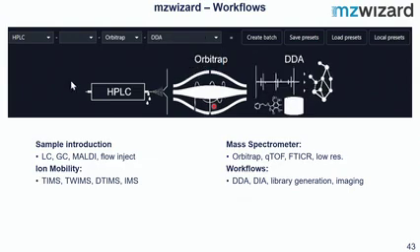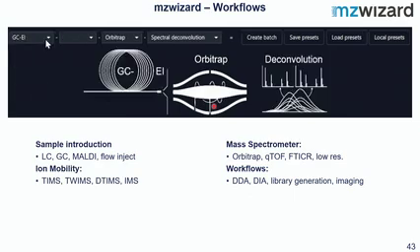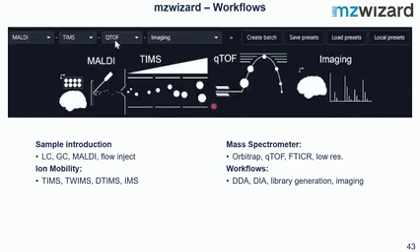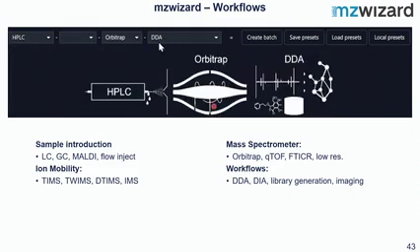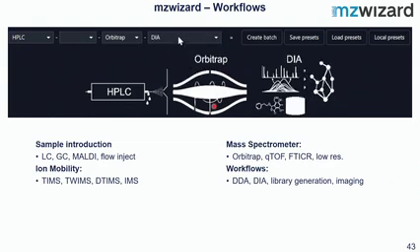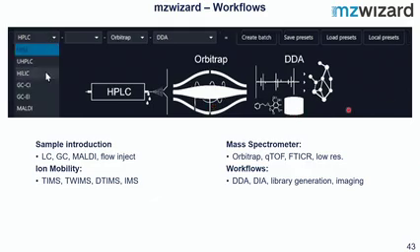I did data-dependent acquisition. I did data-independent acquisition, and so on and so on. And it will basically just give you a predefined workflow, which you can, if you want, adapt and really specialize and customize to what you need. But it's also really easy to get some first results just from setting up the workflow as you would have in your lab.